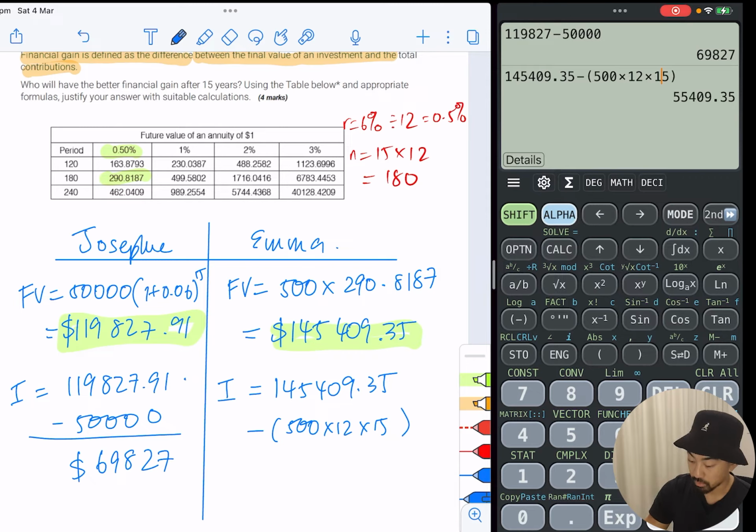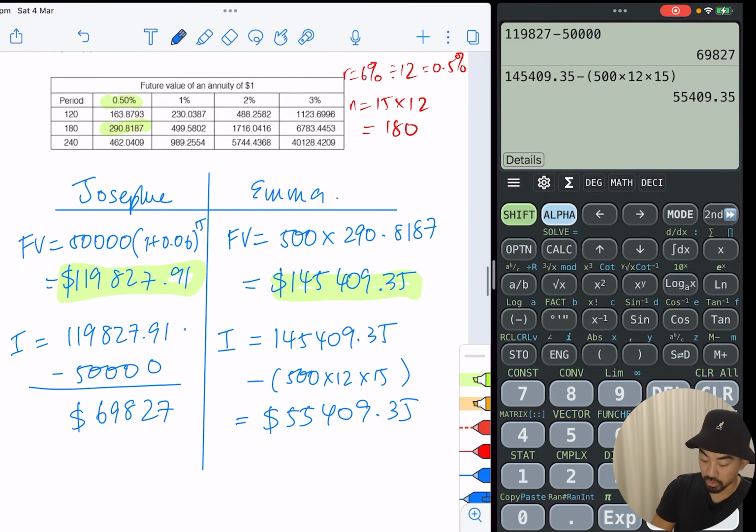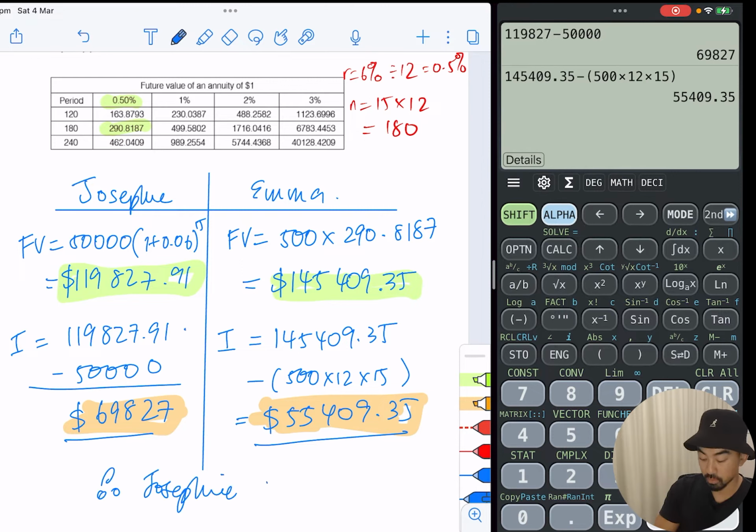So her interest is $55,409.35. So here you can see who has better financial gain. It looks as though Josephine has more money in the end, so therefore Josephine wins.